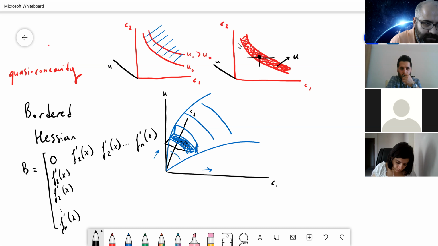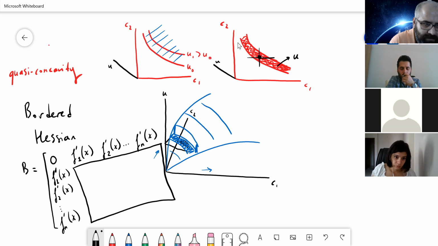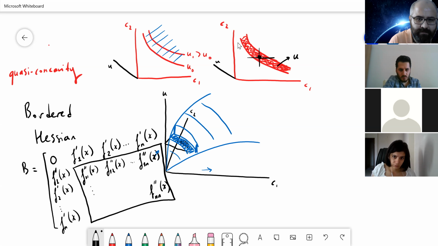So these are first order derivatives, and on this part you have the Hessian, the second order derivatives, f11 x, f12 x, up to f1n double prime x. It goes on like this, and at the end you have fnn double prime x. So this is the bordered Hessian that we're going to use to see whether a function is quasi-concave. I will show you later on.